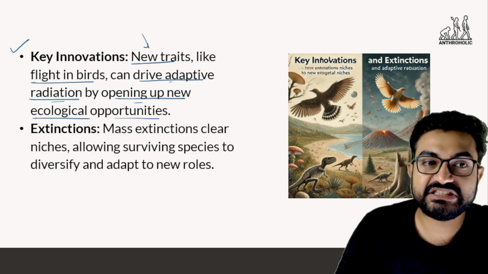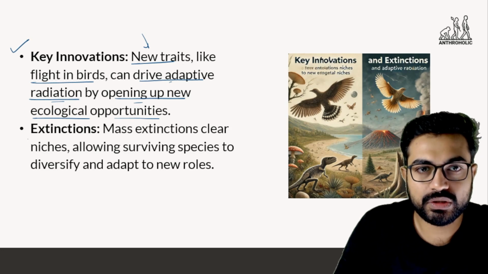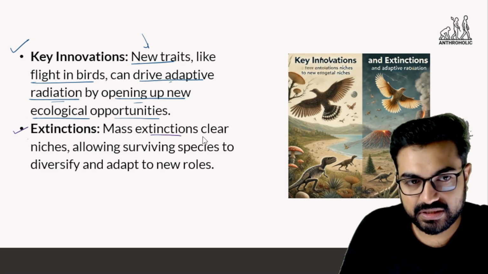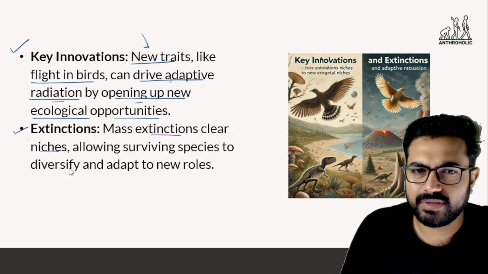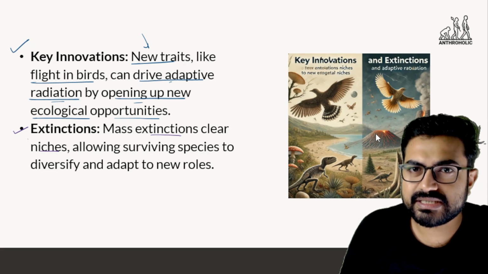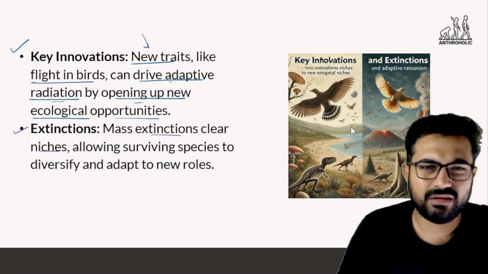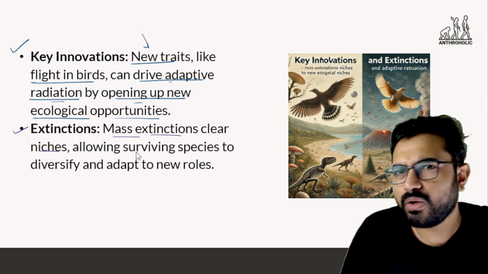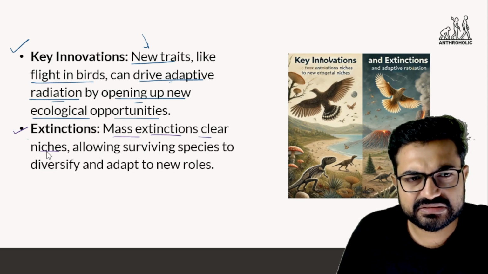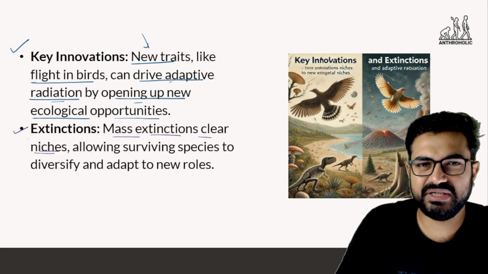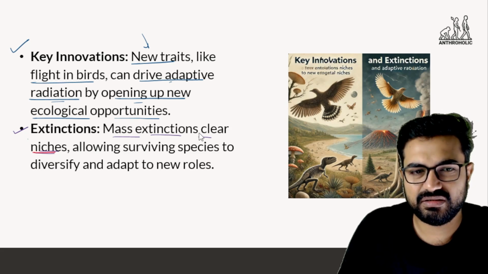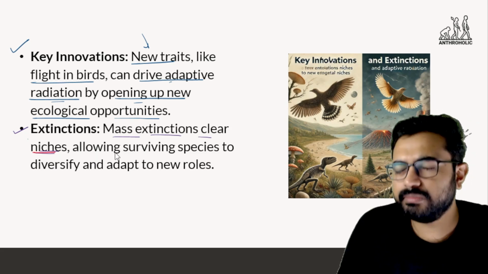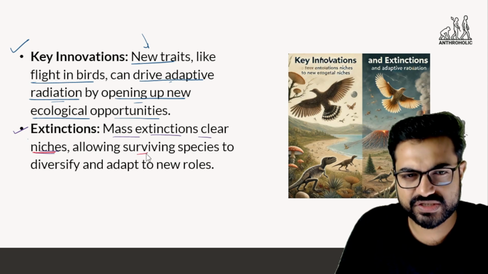Now we'll talk about extinctions. So mass extinctions clear niches, as you have heard about dinosaurs. Yes, the meteor theory, where there were mass extinctions, so many dinosaurs were wiped out from this planet. These events end up clearing the niches. And some organisms are fortunate enough to survive.